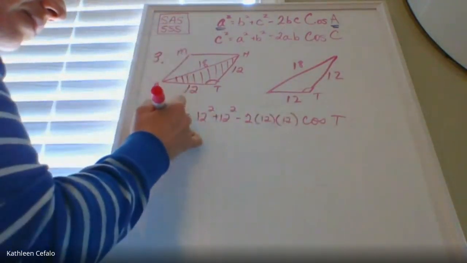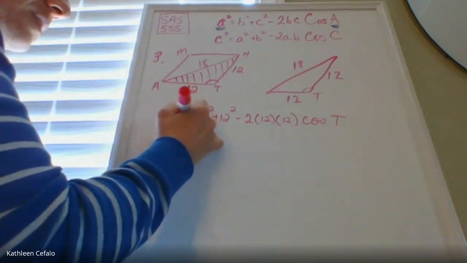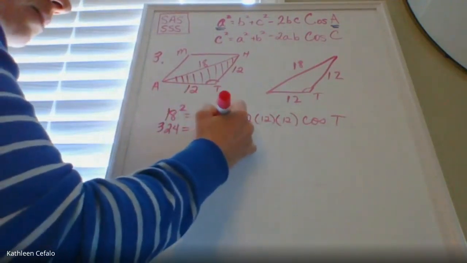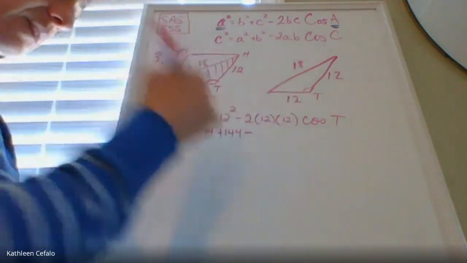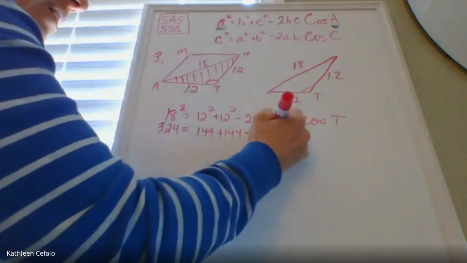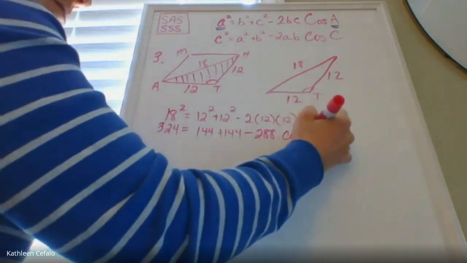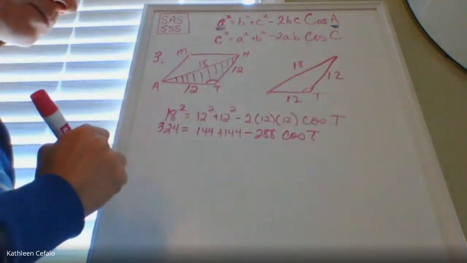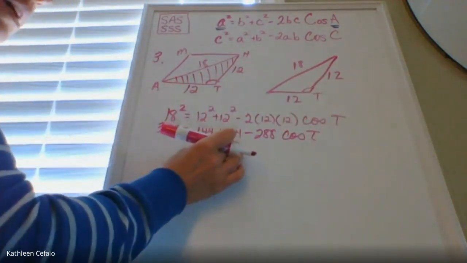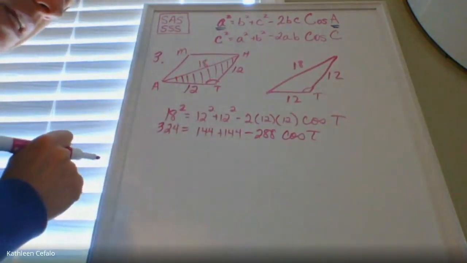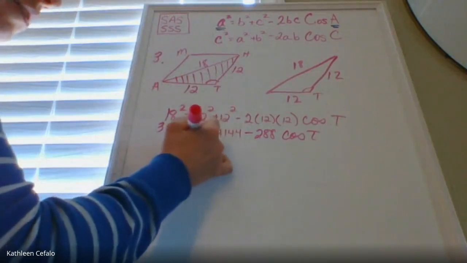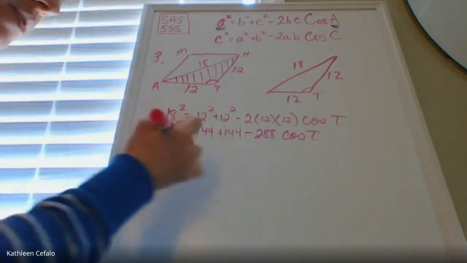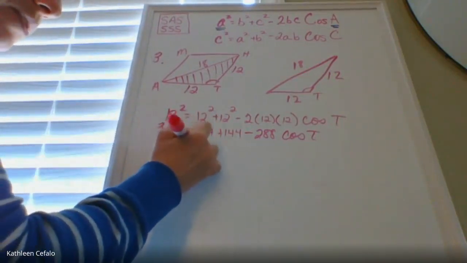So I have here 324 is equal to 144 plus 144 minus, this is going to get us 288 cosine T. Okay. If we add that up, that gets us 288, and I'm going to subtract that over. So subtracting over 288 from 324, that gets us 36.